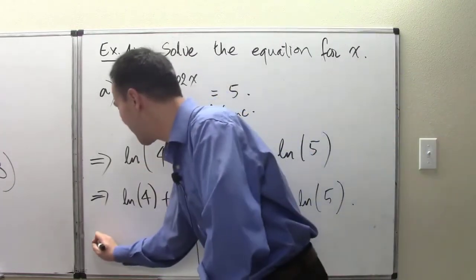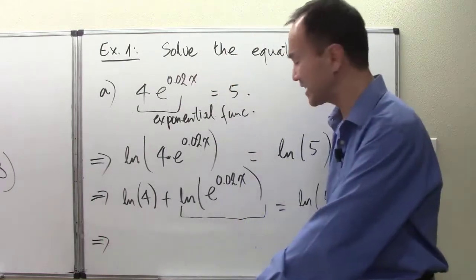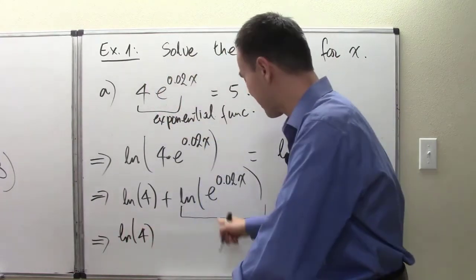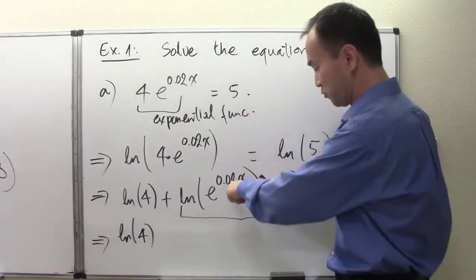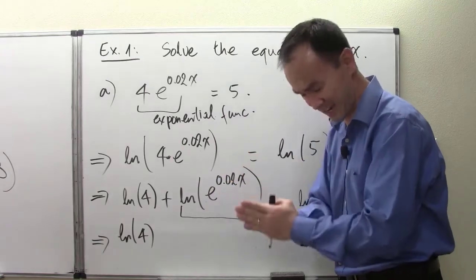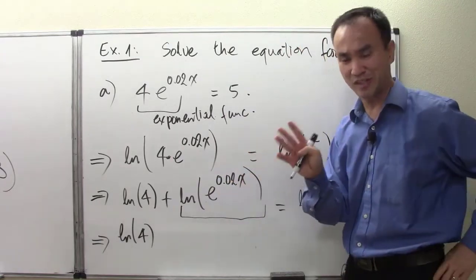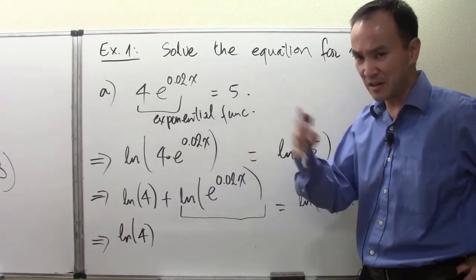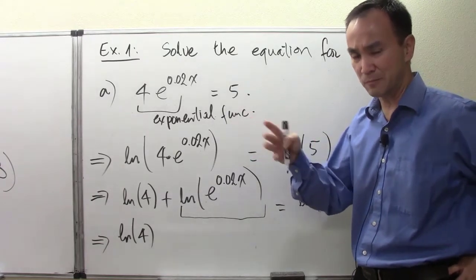All right, so in my next step, the natural log of 4 can be kept the same here. But the right-hand side now, with that property number 6 that I introduced. Allow me to be consistent with the order of those properties, but other professors may number those properties differently.